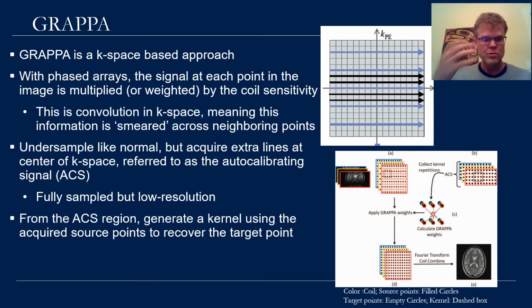From this auto-calibration signal, we can estimate what's contained in that blurring kernel from the individual coil sensitivities, to say how this information is being smeared across neighboring k-space points. And if we can estimate how it's being smeared, then we can use that to fill in our missing data.